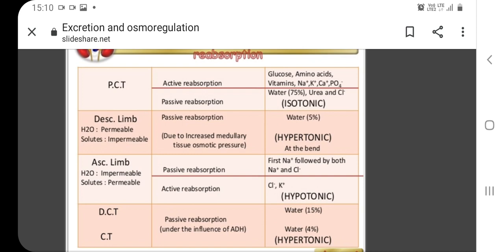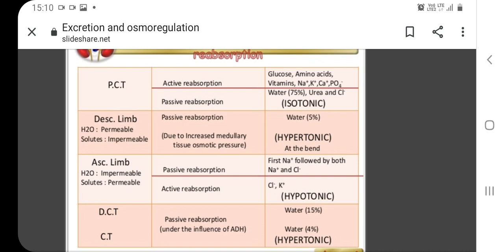So the urine becomes again diluted, while the sodium and chloride ions along with the bicarbonate ions are reabsorbed to maintain pH and electrolyte balance in the blood.